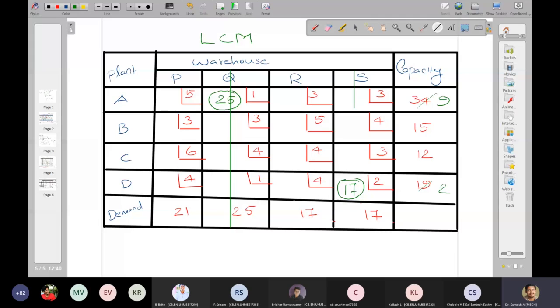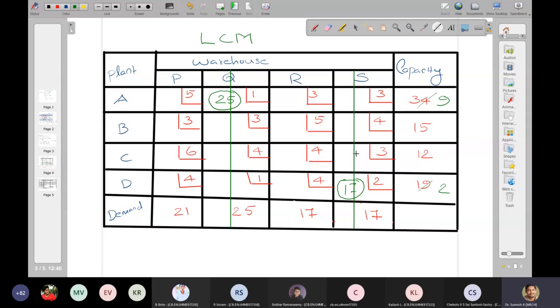Among P and R, which is the lowest cost? 3. AR and BP. Right. So for AR, we'll go row wise. The first row has a 3. What is the status over there?